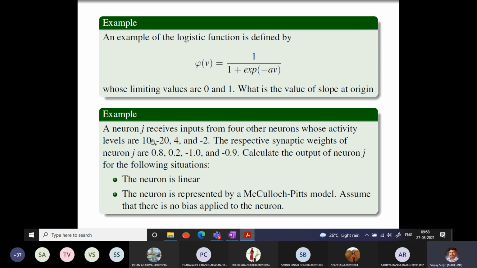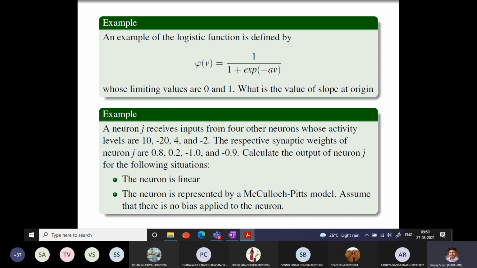So you compute 10 into 0.8 plus minus 20 into 0.2 plus 4 into minus 1 minus 2 into the corresponding weight, because these are the x and these are the weights. Just keep on multiplying, and whatever value comes is the activation potential. If this is given to the linear neuron, the same value will be at the output.